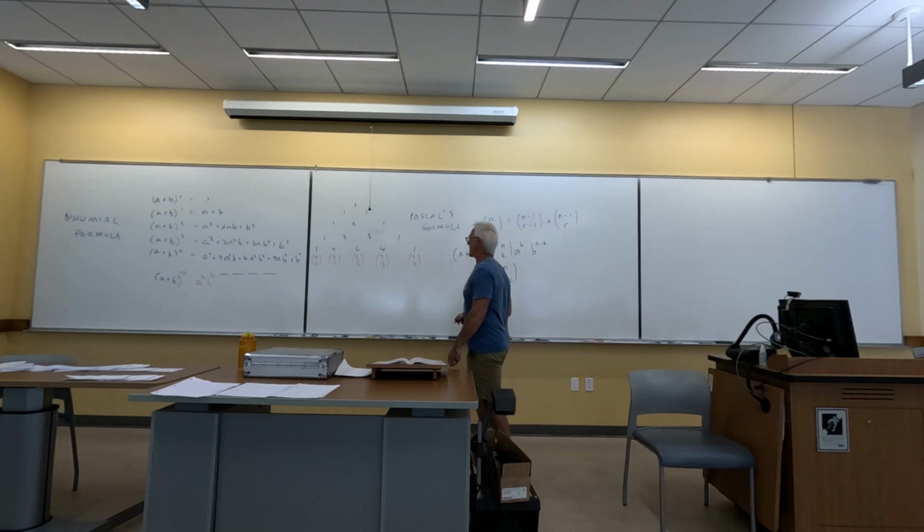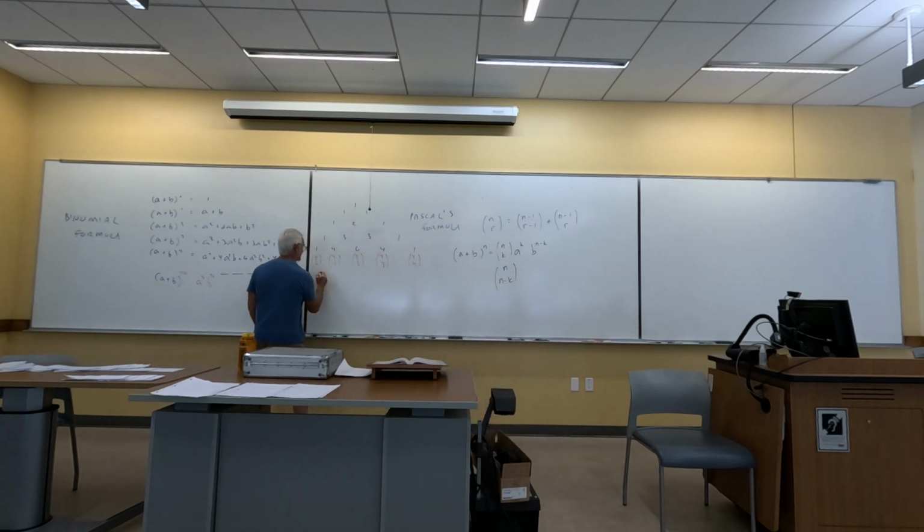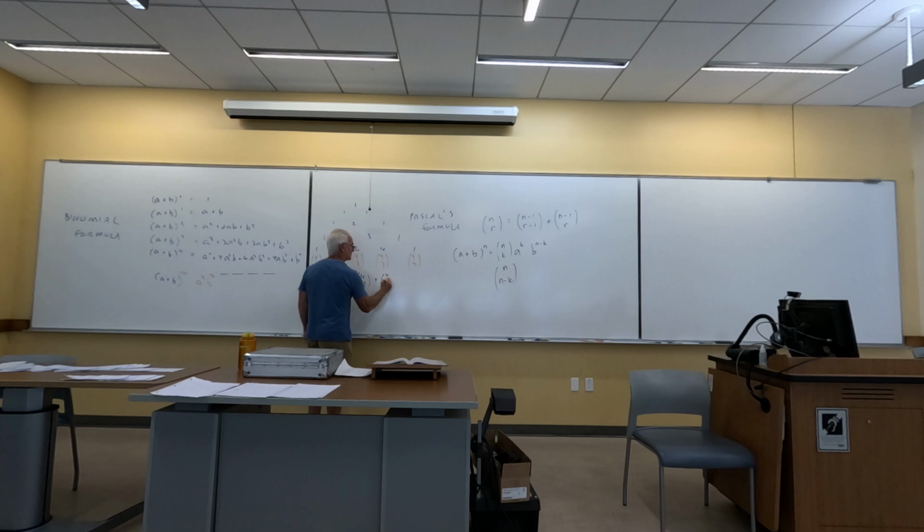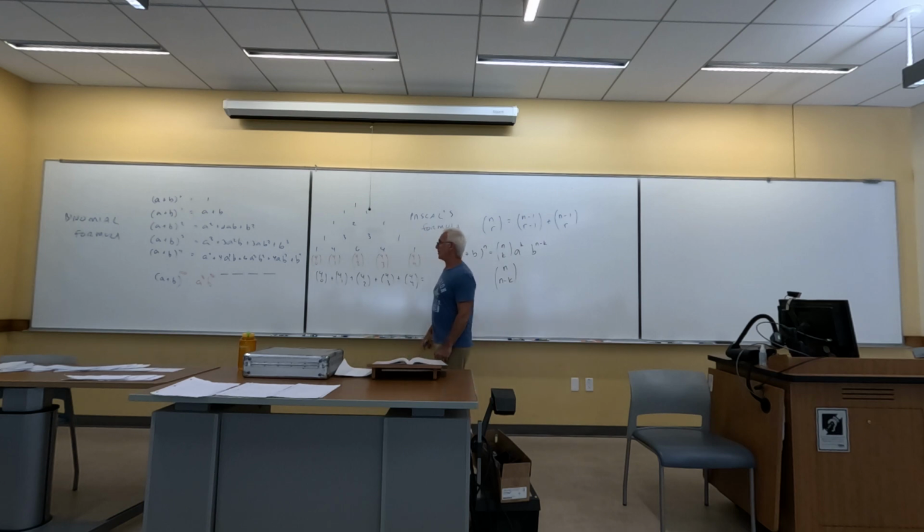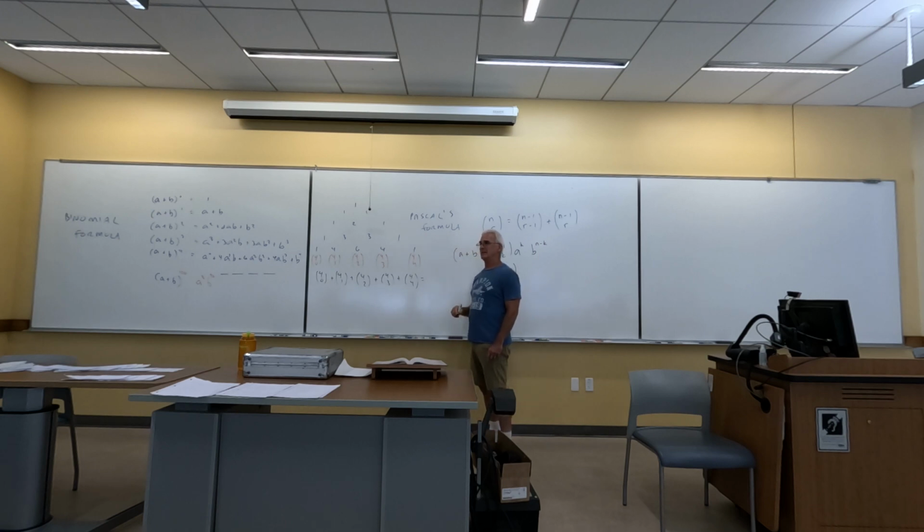So one of the things right off the bat I want you to notice is if I take 4 to the 0 and I add it to 4 to the 1 and I add it to 4 to the 2 and I add it to 4 to the 3 and I add it to 4 to the 4, what happens when I add up that row? And add up those numbers. What do I get? 16.